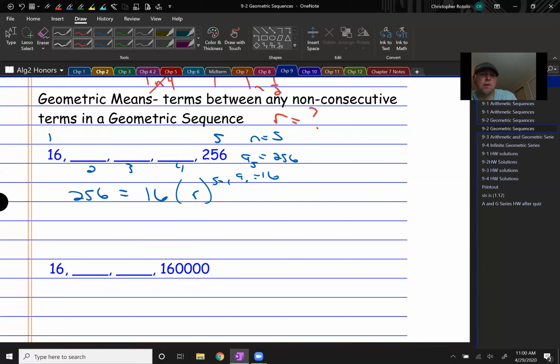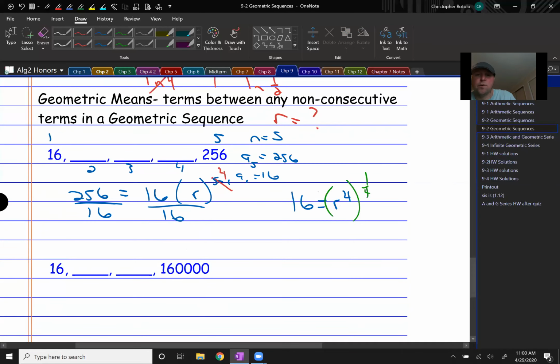Again, we're going to change that right away and make it 4. So you divide out the 16 while we're doing this. And that happens to turn back into a 16. So I have 16 equals r to the 4th power. How do we get rid of the 4th power? I take it to the 1/4. So r turns out to be 2. All right, r is 2.